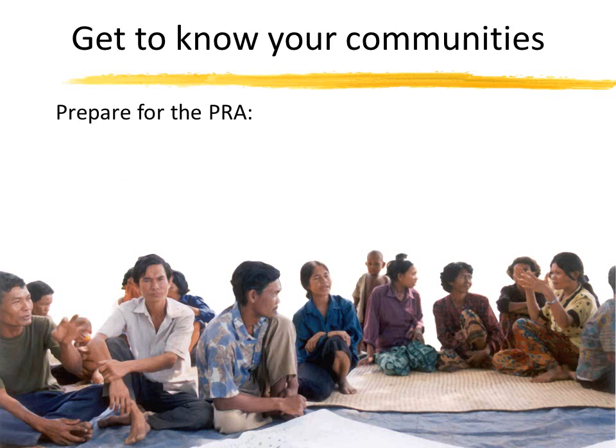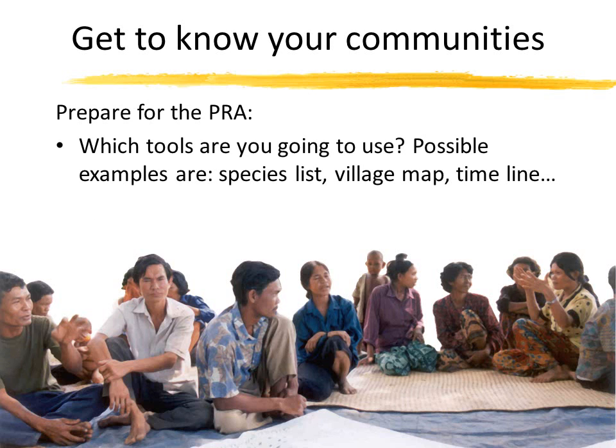The next question to answer is which PRA tools you are going to use. There are quite a lot of tools available, and you have to make a selection ahead. Keep in mind what information you want to have and select the tools accordingly. You will want to get a species list.